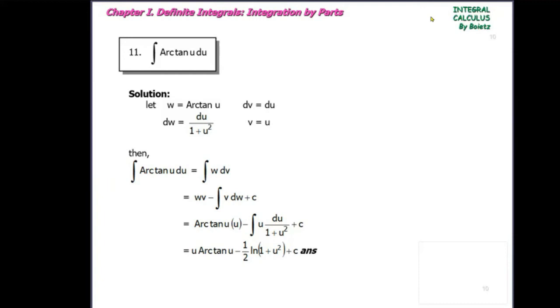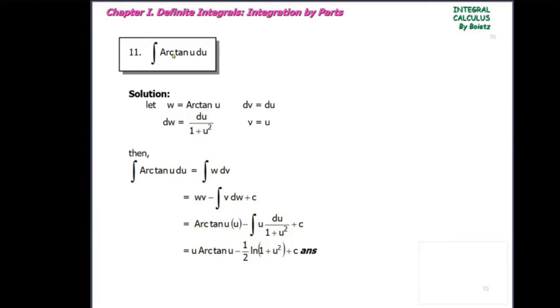Pero ito kasi, ang ini-integrate mo, yung inverse trigonometric function. So, definitely, ang gagamitin mo dyan, liate. So, inverse trigonometric. So, lia. So, una pa rin yung inverse.